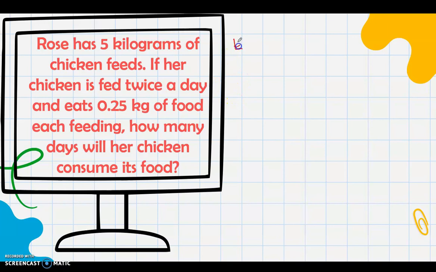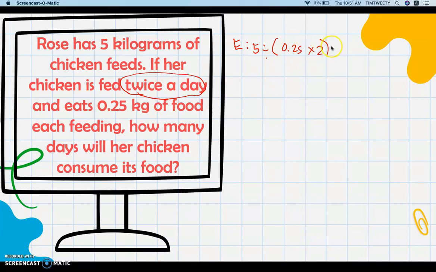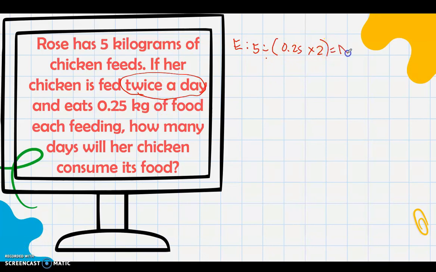Our equation would be 5 divided by, since her chicken is fed twice a day and each feeding it eats 0.25 kilograms, we're going to multiply first 0.25 times 2 because of the word twice, and then we're talking about a day, is equal to n.